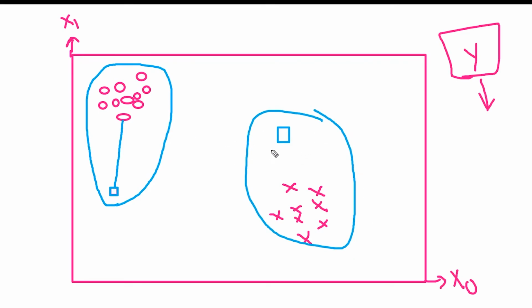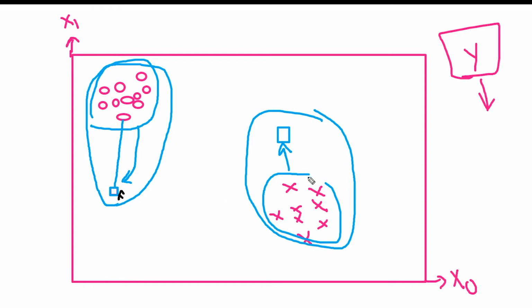Why is that? Because all of these points are closer to this point and all of these points are closer to that point. So all of these points are assigned to this point right here, and all of these points are assigned to that point because it is closer to all of them.